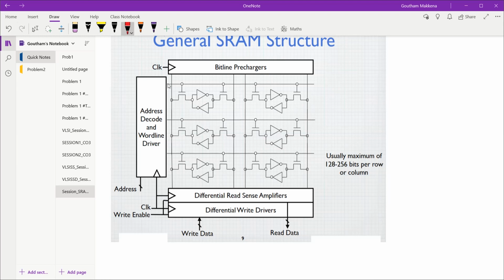So this is one SRAM cell, which of course consists of 6 transistors. These two form the storage cell or the memory cell, and these two transistors here form the access transistors. We have seen all this. This address decoder selects exactly one word line out of any given n number of word lines.